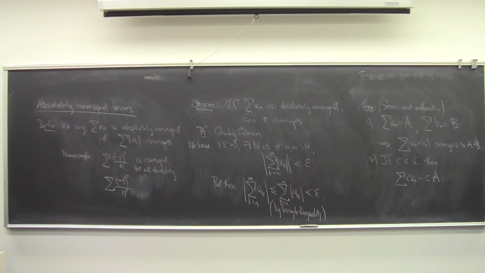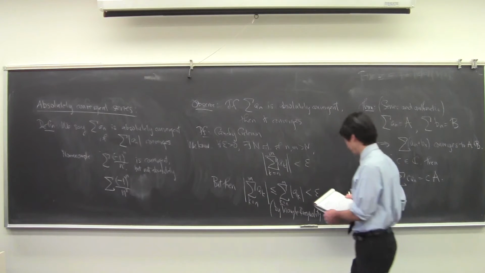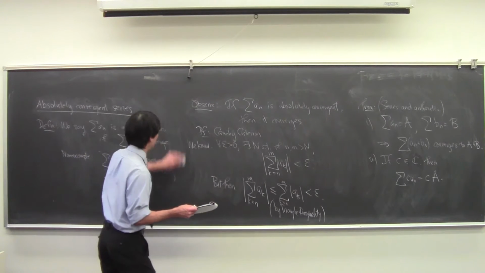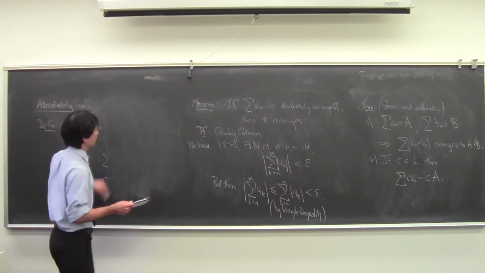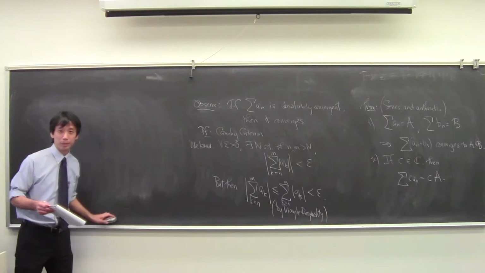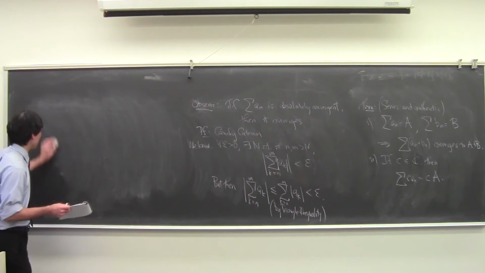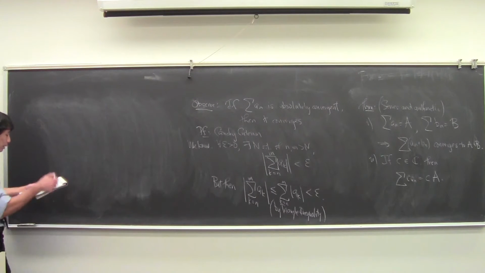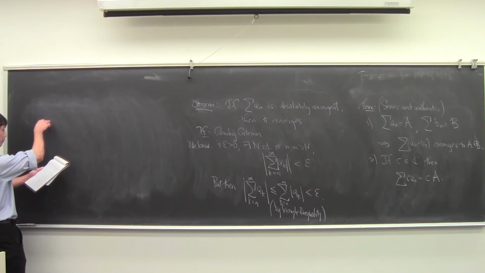So those are trivial things. I'm not going to prove this because those are like one line. They're very short. You can read it. Rather, we're going to prove the more complicated one.